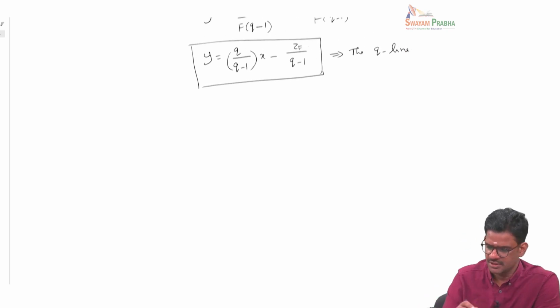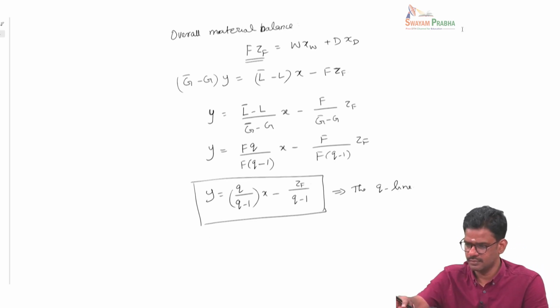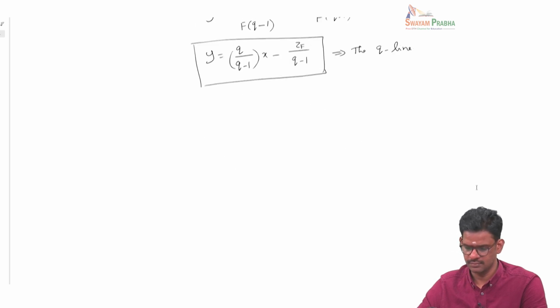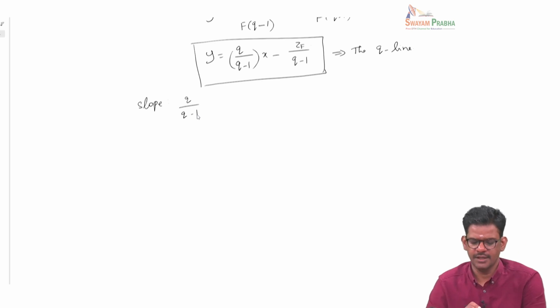So this is a Q line, and it has a slope of Q by (Q minus 1), and Q is something that can be obtained based on the enthalpy calculation, like I mentioned before.